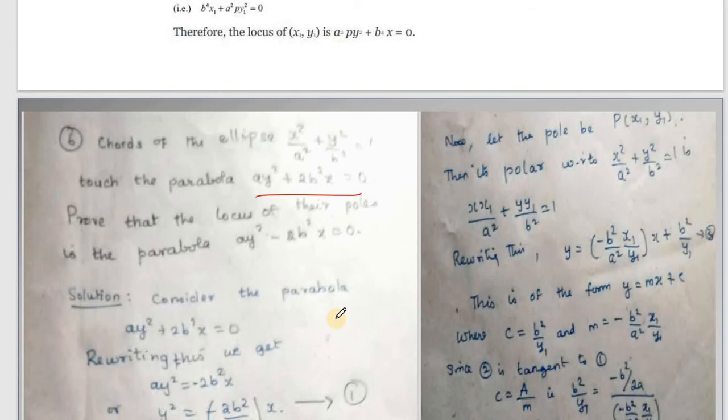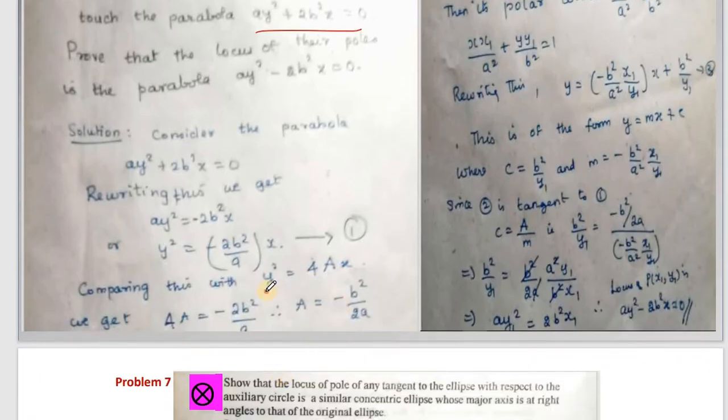So we'll have to write that in the standard form, y square is equal to 4ax. When we do so, we get our a to be minus b square by 2a. Only if it is in the form y square is equal to 4ax, by considering c is equal to capital A by m, can we get the required result.